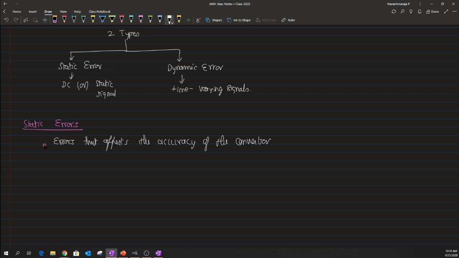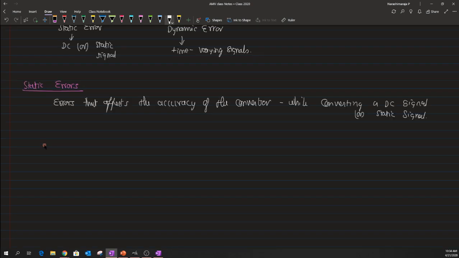So, now with this let me bring out the types or the categories of errors under the static error. Basically there are four types of errors that exist under the static error category.